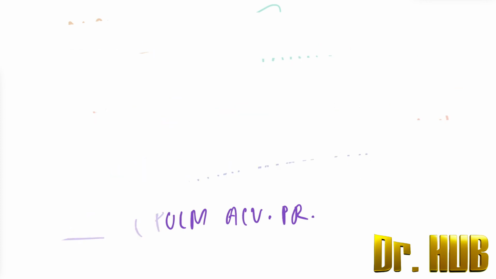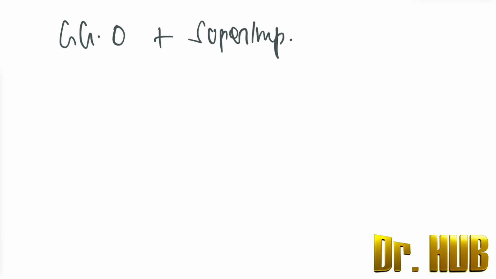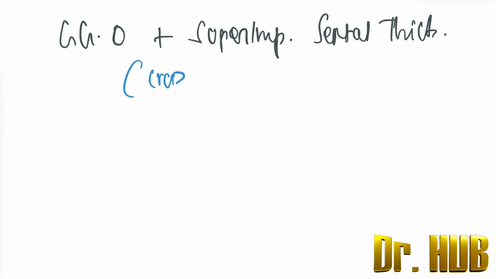PAP has ground glass opacification with superimposed septal thickening, and this is known as the crazy paving type. It is characteristic, but it is not diagnostic.